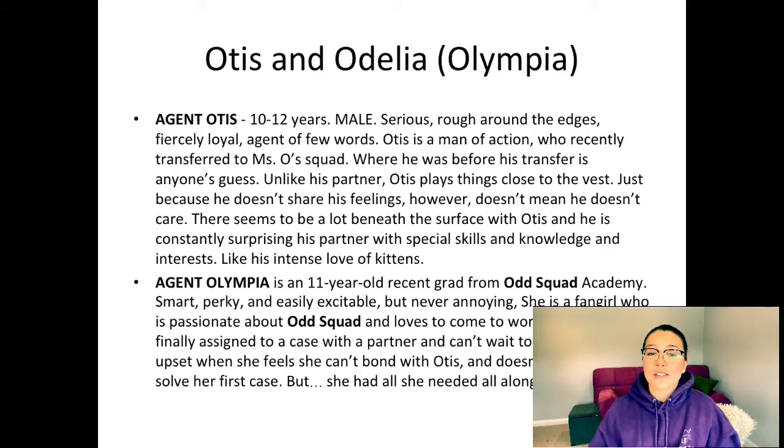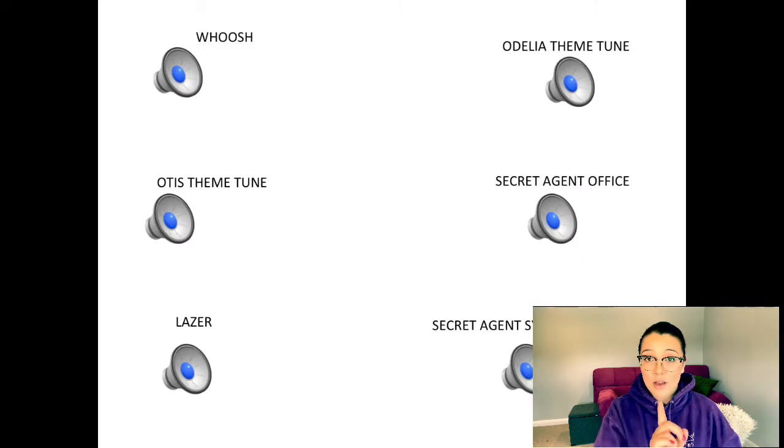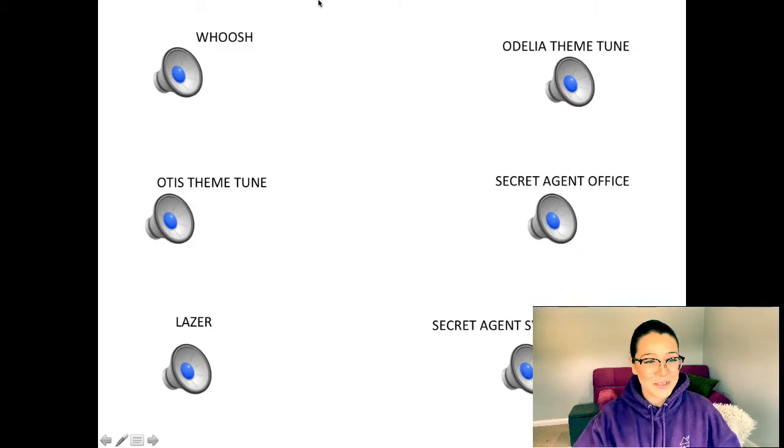But using sound is another really cool way to do that. Sometimes you might find a song that you think really reflects your character's experience, or maybe it will only relate to a specific scene. For example, if there's a scene where you've got to be super excitable, you might want to find a really upbeat song. If there's a scene where you have to be quite sad, you might want to find a song that reflects those emotions as well. So I have a few sounds to show you.